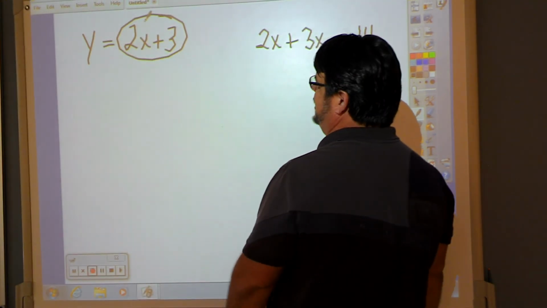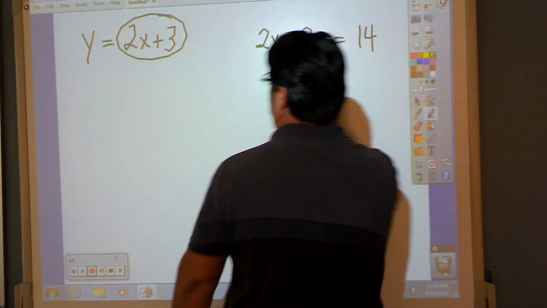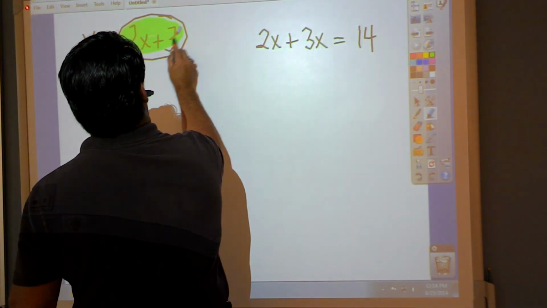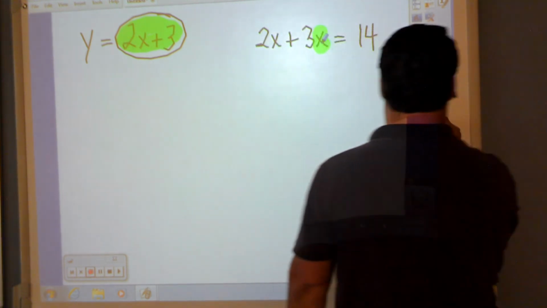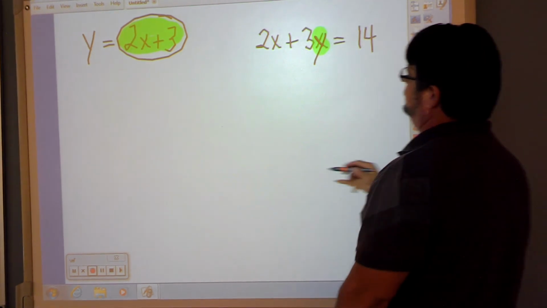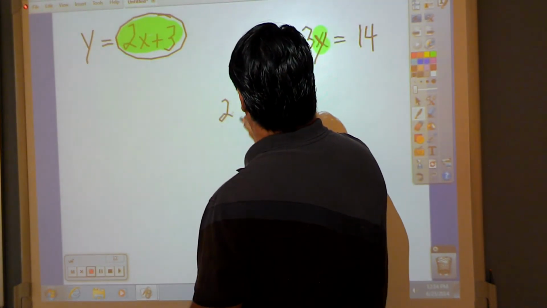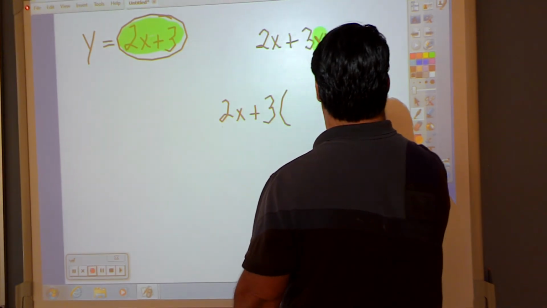y is equal to 2x. What can I do with this right here? Plug it in for y. Is that supposed to be 2x plus 3y? Yeah, it is. Okay, so I'm going to do this. 2x plus 3, and I always tell you to use what? Parentheses.